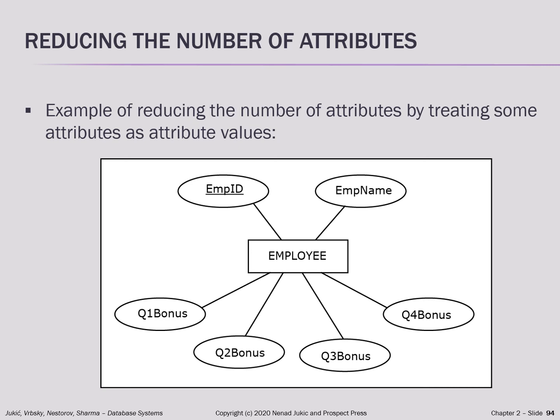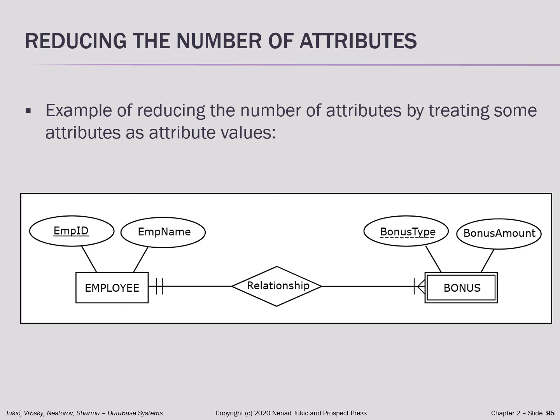The diagram shown in the previous slide can be also depicted as the diagram shown here. They both satisfy exact same requirements. Instead of showing 4 attributes for bonuses, we show a weak entity bonus with a partial unique attribute bonus type and bonus amount.